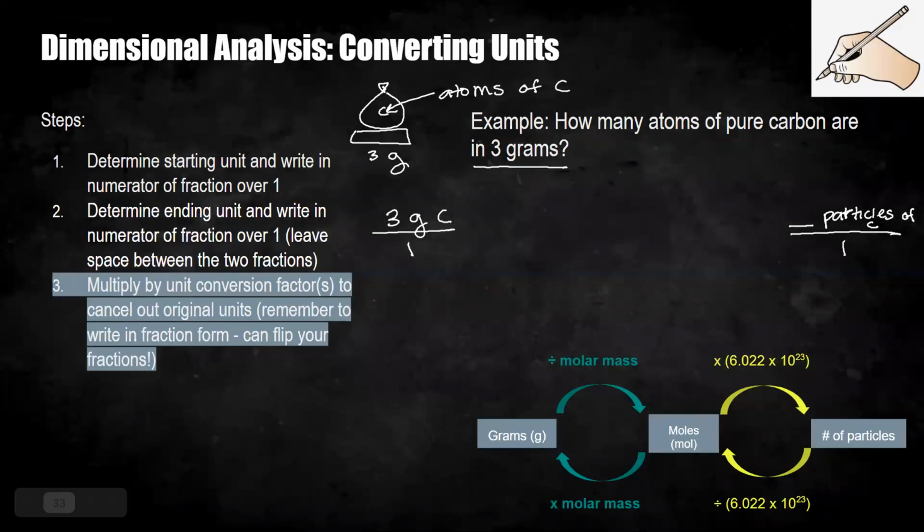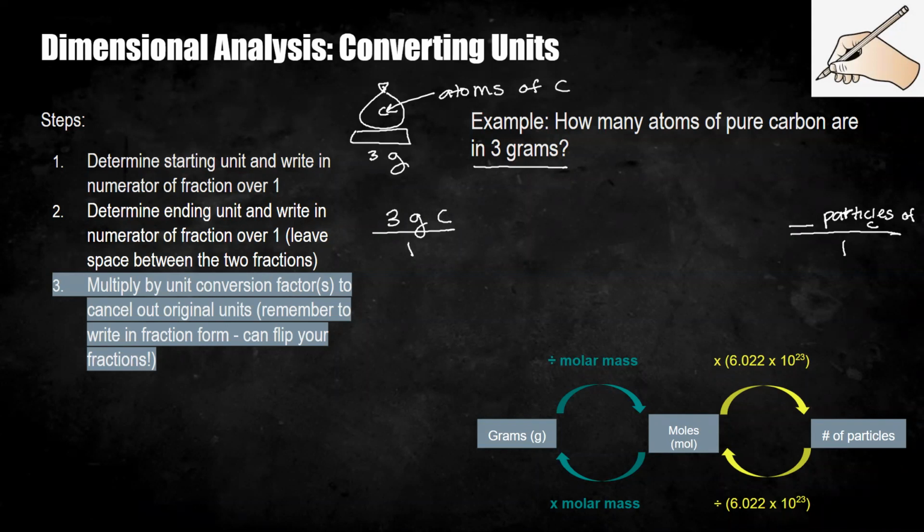I've got the starting unit and the ending unit, both in the numerators of fractions over 1. Now, my next step is to multiply by unit conversion factors to cancel out the original units and get to my final unit. I'm going to use the same idea of flipping those fractions, whatever's in the numerator and the denominator, to make my math a little bit easier and begin to cancel out those units.